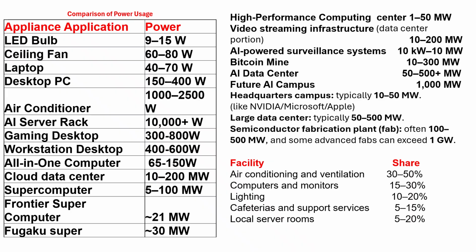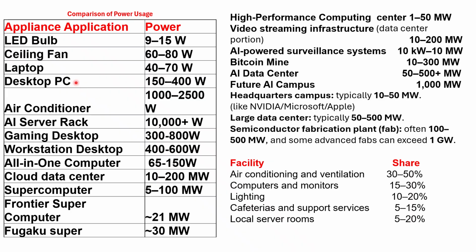Dear friends, I am letting you understand the size of power required. You can calculate manually. LED bulbs are normally 9 to 15 watt. Ceiling fans require 60 to 80 watt. A laptop requires 40 to 70 watt.